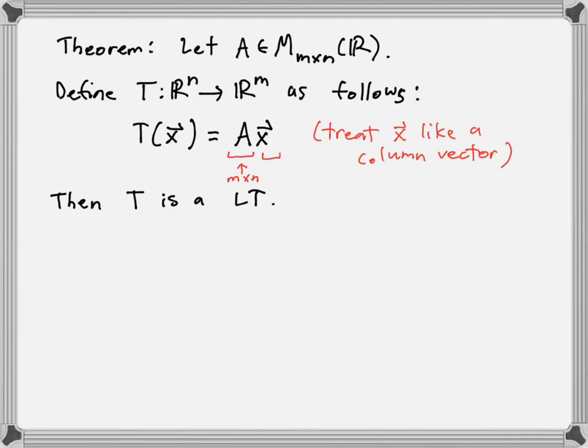And x, remember, is in Rn, so this is actually an n by 1 column vector. And so when you multiply those two, your answer is going to be an m by 1. In other words, the answer will live in Rm, just as we say.